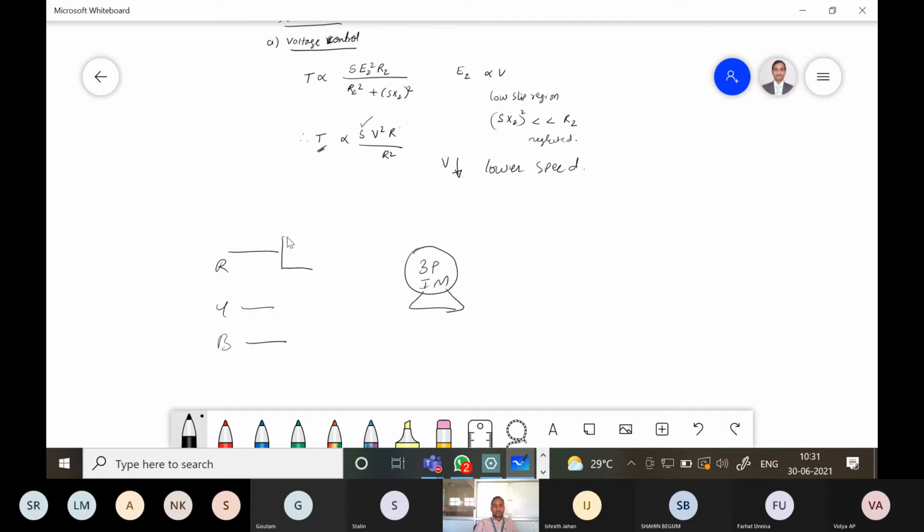For this we can use some semiconductor power electronic devices. These are called thyristors. We are going to study the power electronics in next semester. So these are the thyristors T1, T2. These are used to control. So there is a firing angle control, we can call it. It acts like a diode itself.